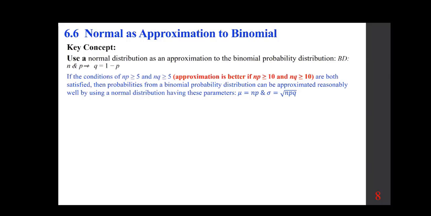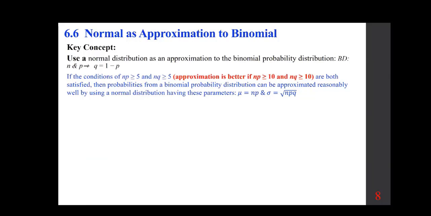When can we use normal as an approximation to binomial distribution? When np and nq are large. How large is good? We need them to be larger than or equal to 5. Now, bear in mind, in some texts, they like it to be even more, and they use np and nq larger than or equal to 10.